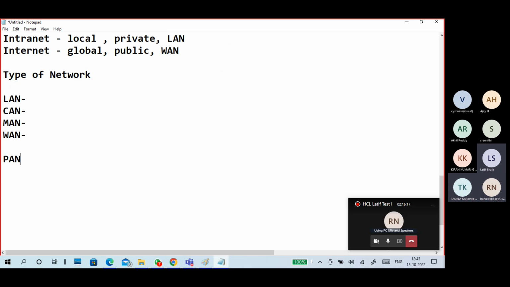Of course, personal area network, home area network, or some other network, like a storage area network. Maybe if you are in an apartment, complex area network, building area network. So people will put a different type of area network.